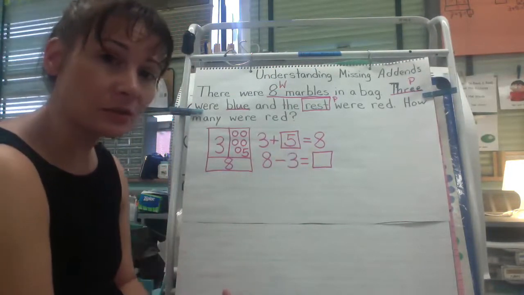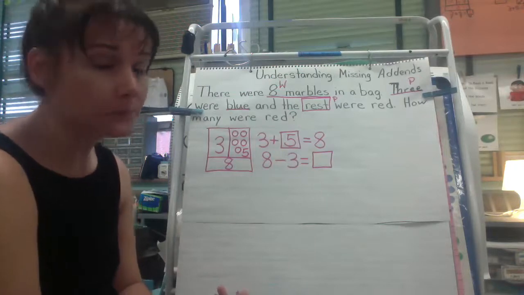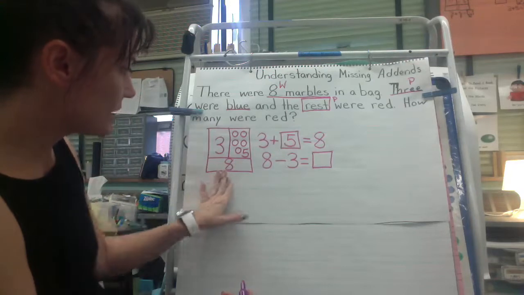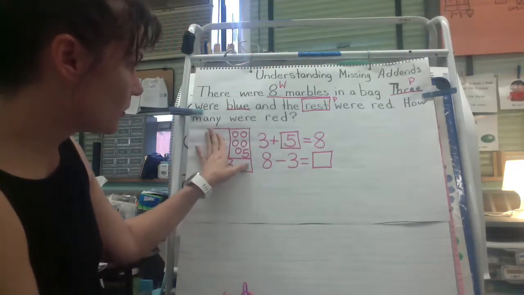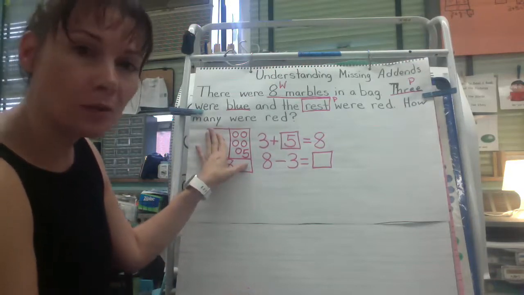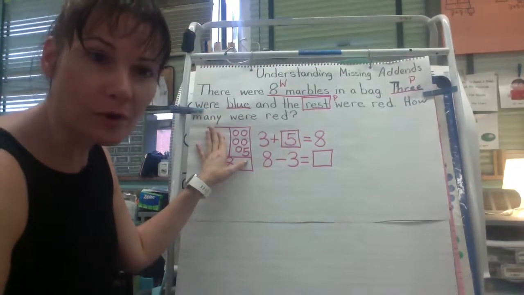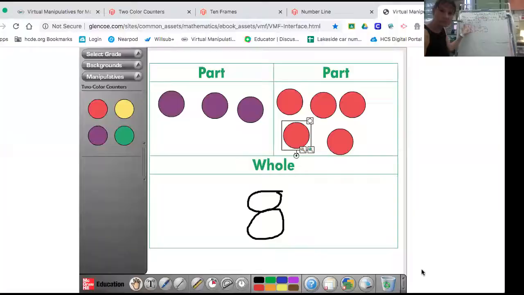I can still use my subtraction fact as well. If I have 8 and I take 3 away, what will I end up with? Let's look again at our part whole maps. I had 8 and I take 3 away.